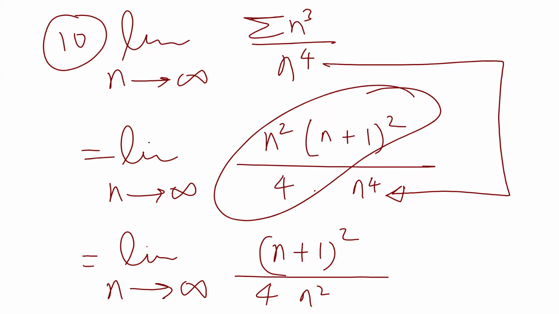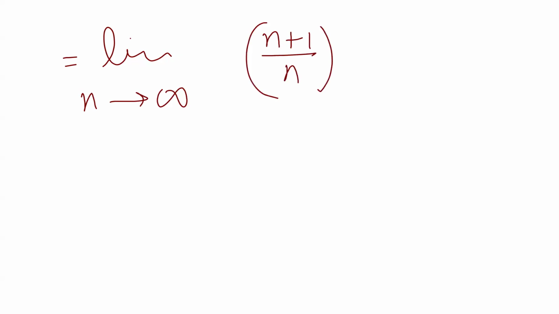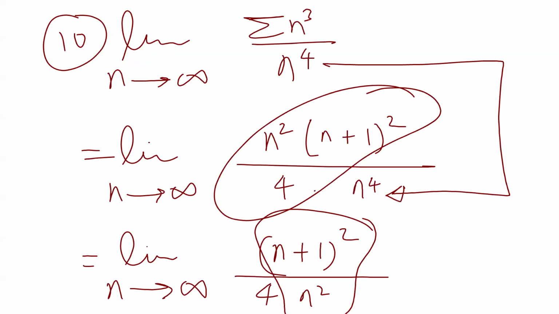Now next step, I'll put a common square over here: n plus 1 upon n the whole square. Then limit n approaching infinity, n plus 1 upon n the whole square into 1 upon 4. Why 1 upon 4? Because this 4 is there in the denominator.